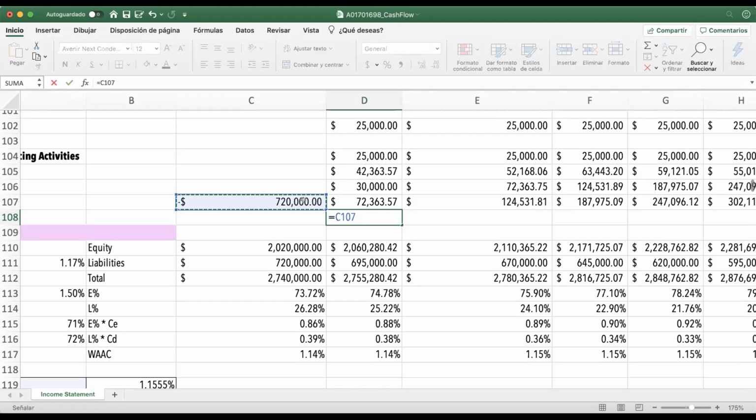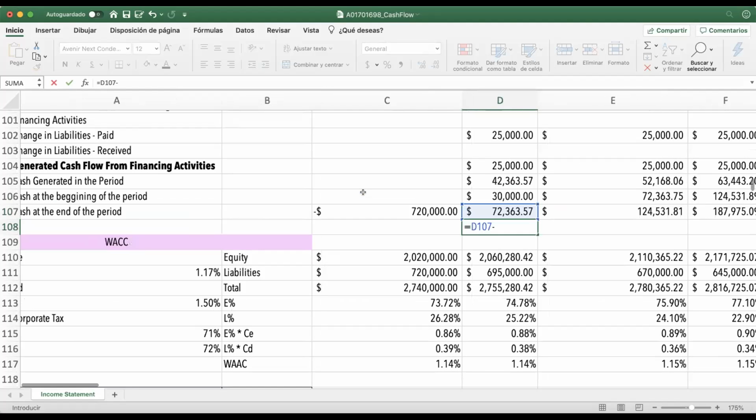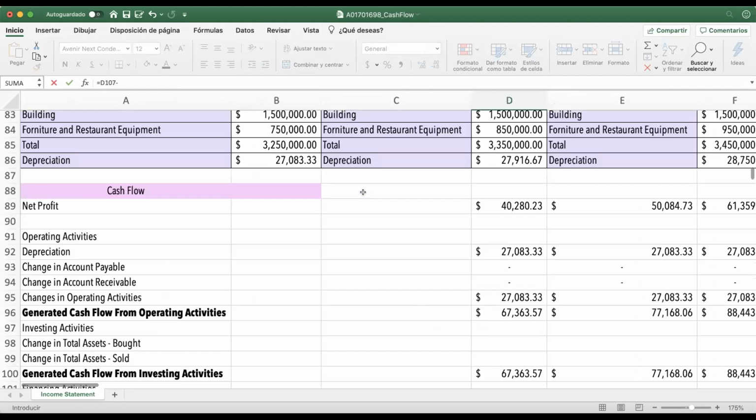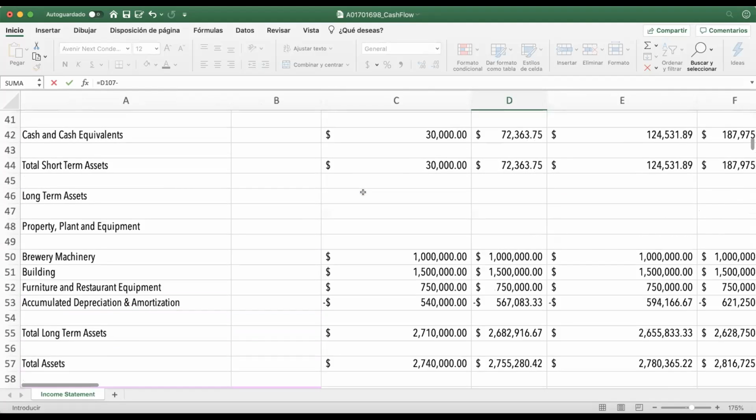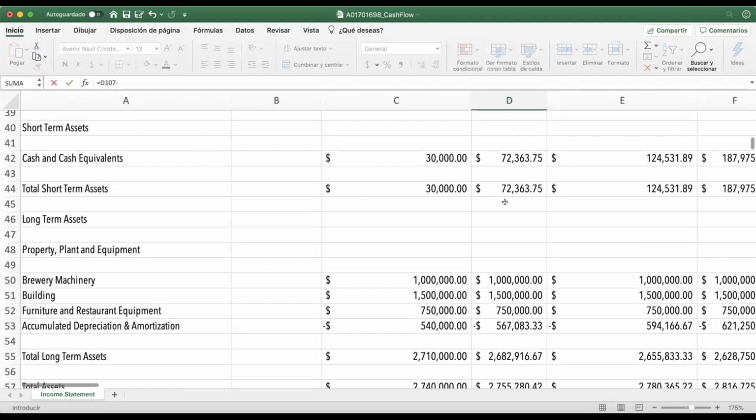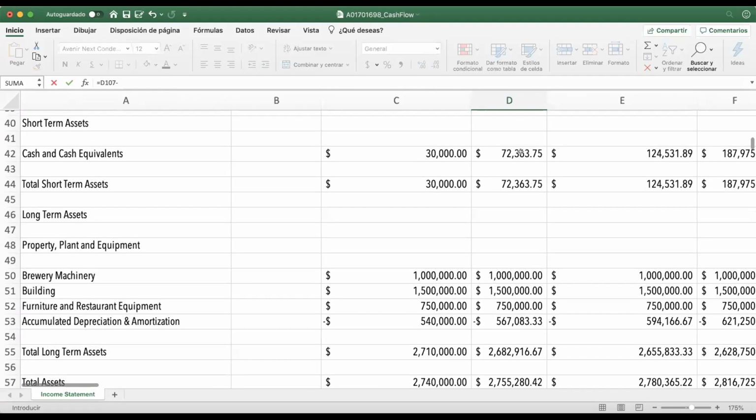Not 720,000, 72,000. Then do the subtraction sign, and subtract the balance amount on banks on the balance sheet. So go up to the balance sheet, find the balance on banks, and subtract it in the same period. It's cash and cash equivalents there, and enter.